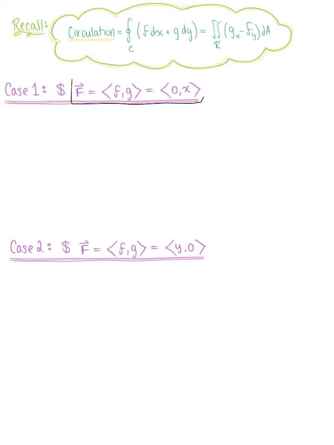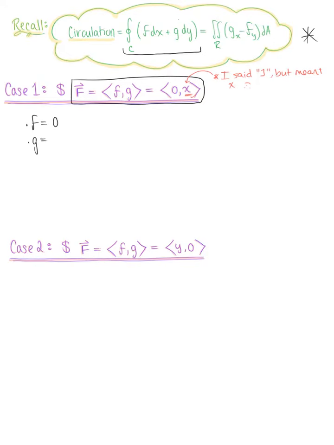In case 1, we suppose that the vector field F we're considering is defined by the components 0, x. Keep in mind that we are using an alternative form of our circulation vector line integral in order to do this. So we want to set these double integrals and this vector line integral up. Our f component in this case is 0.